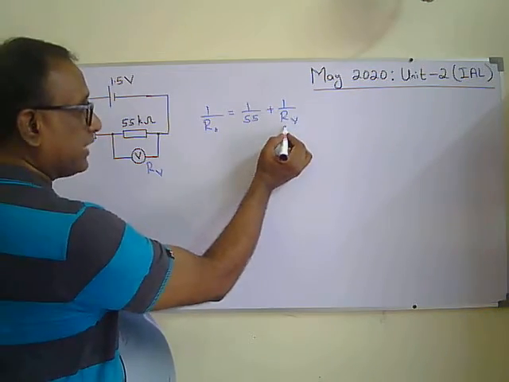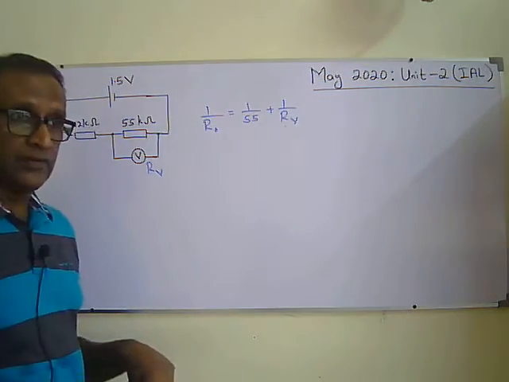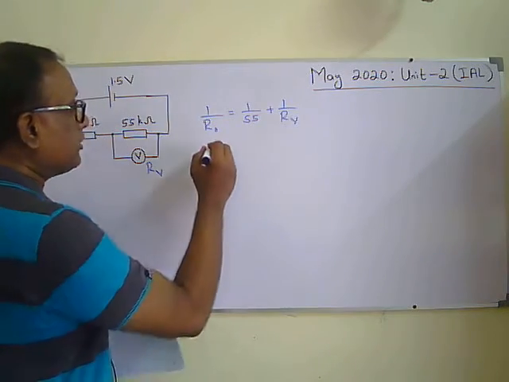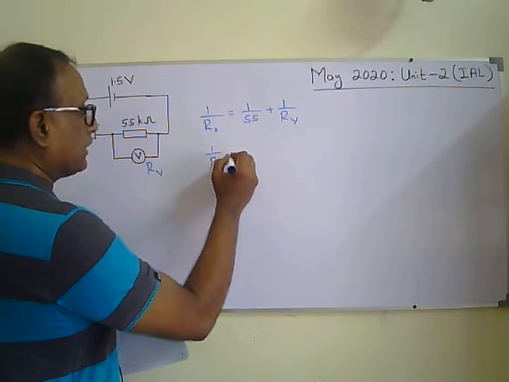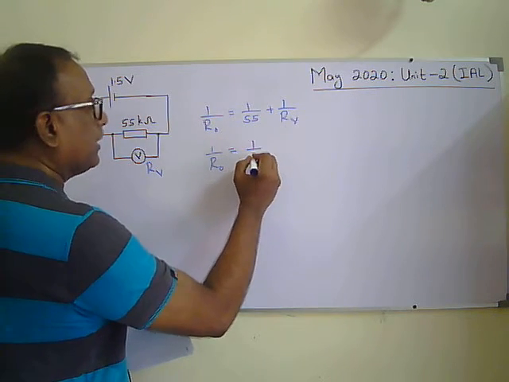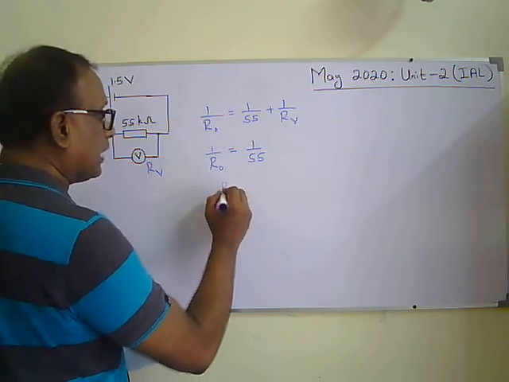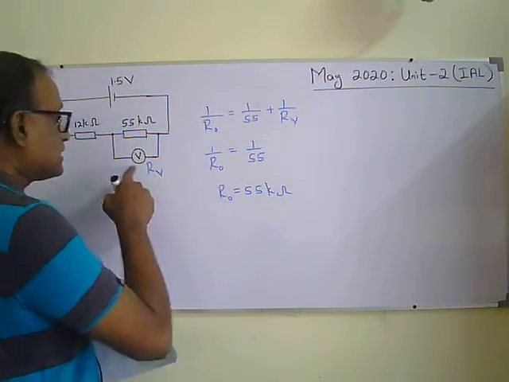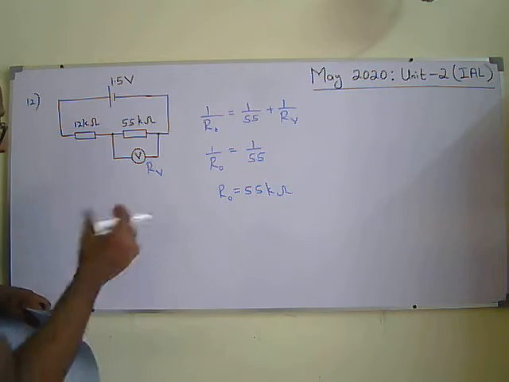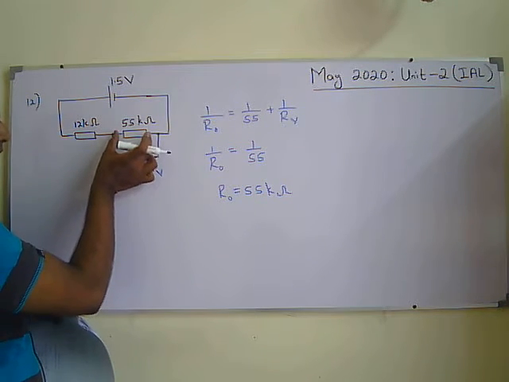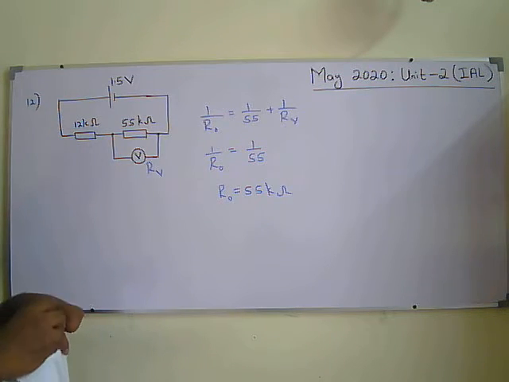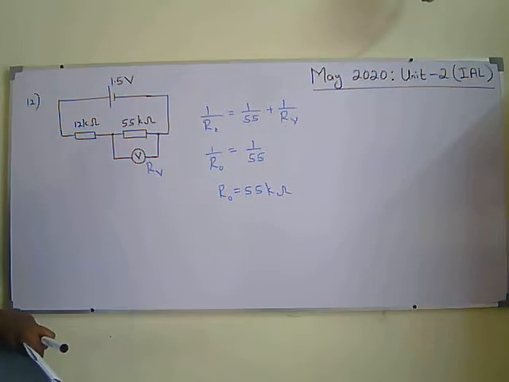If RV is very large, 1 over RV will be almost 0. So 1 over R naught is going to be 1 over 55. So R naught is going to be 55 kilo ohms. That means if the resistance of the voltmeter is very large, even after I connect the voltmeter across the component, there is no significant change in the resistance, right?